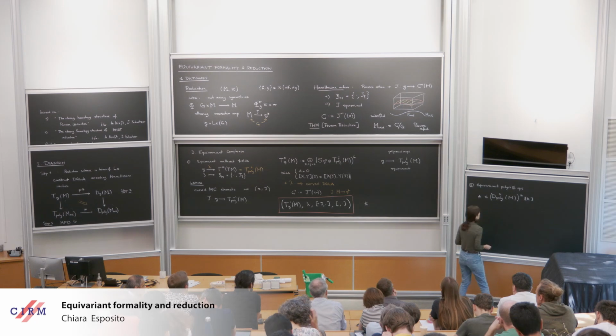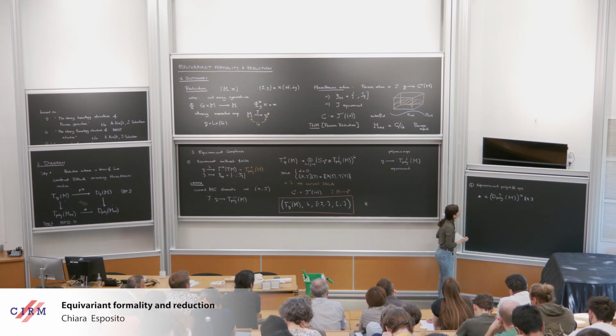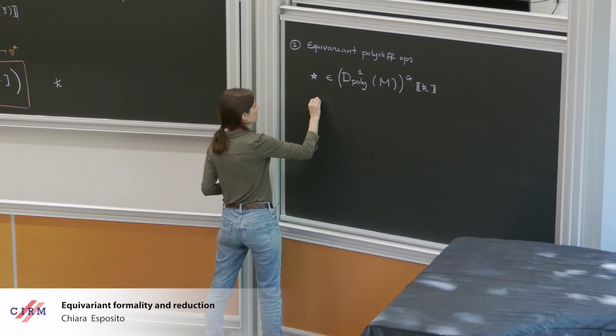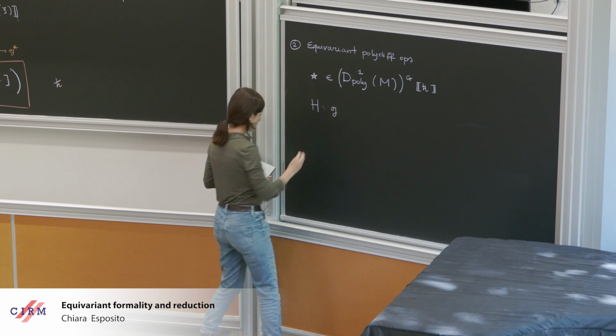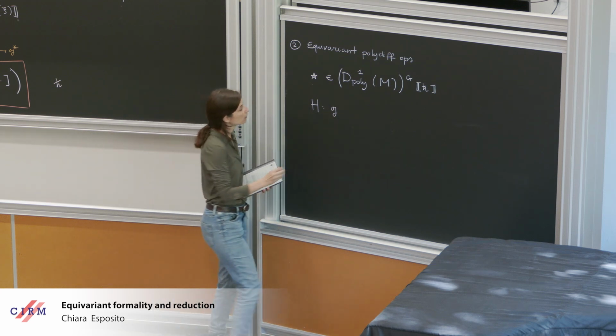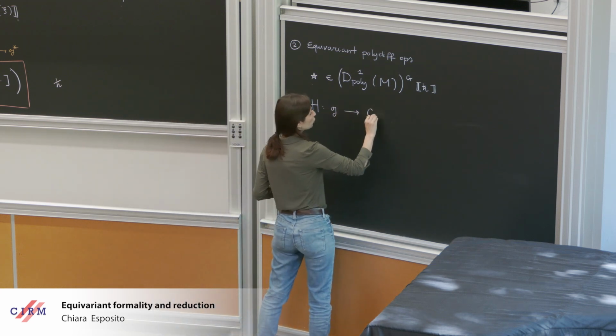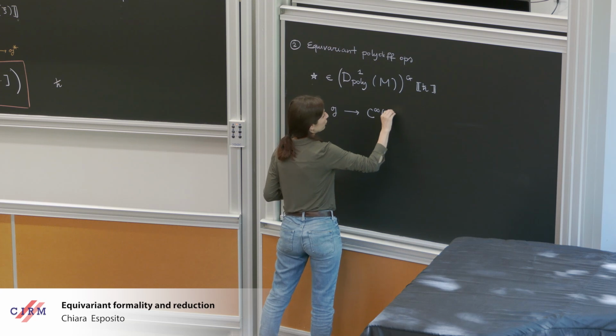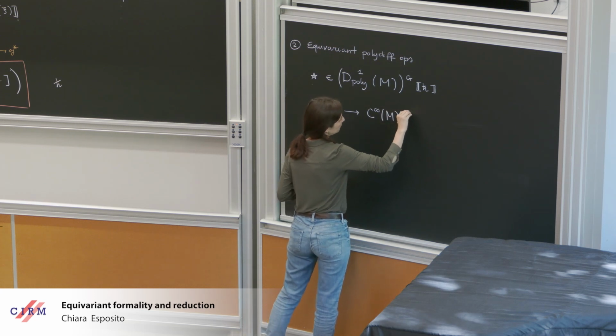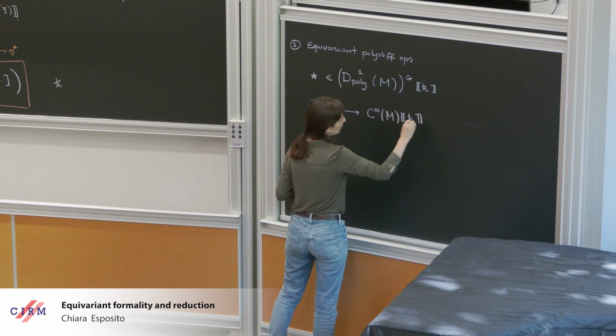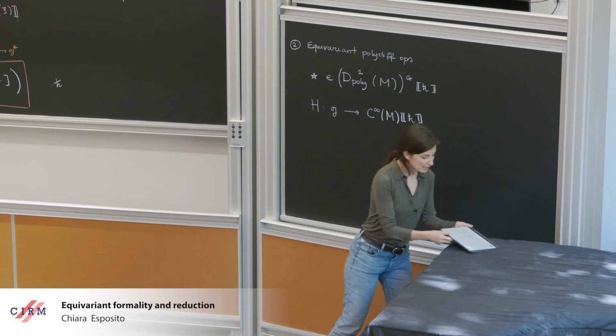Okay, so this is the star product, and now I consider again a linear map to formal power series. And now, very similar story.